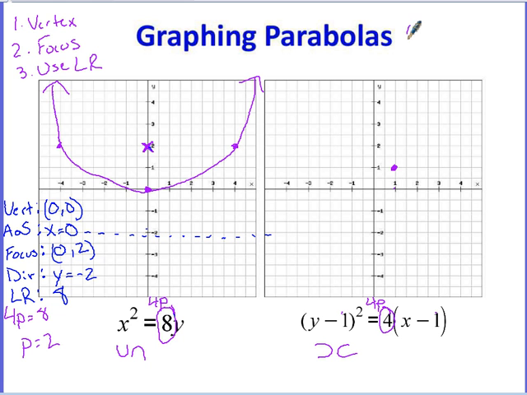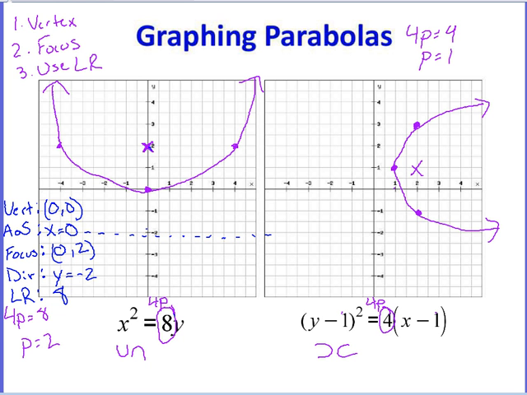So if 4p is equal to 4, then p has to be equal to 1. And again, this is a sideways parabola, so positive 1 means I'm going to go right 1, and there's the focus. The latus rectum has a length of 4, so if I cut it in half, it would be up 2, and then down 2. Those are the points on my sideways parabola. That's going to look like this.